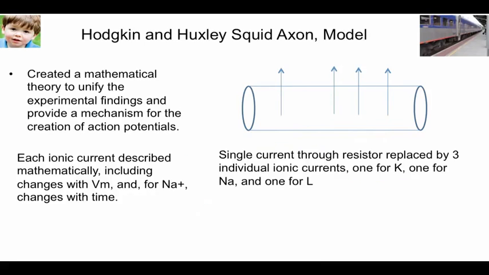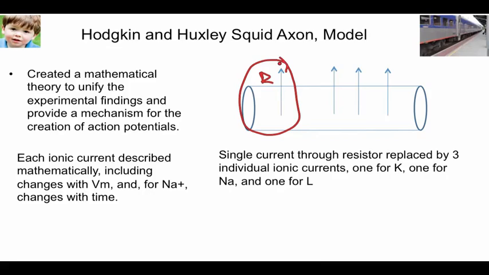The core idea of the Hodgkin-Huxley model was to do the following thing, to say, look, the problem with the passive model is this current, it's the resistive current, because this axon is not just a resistor.